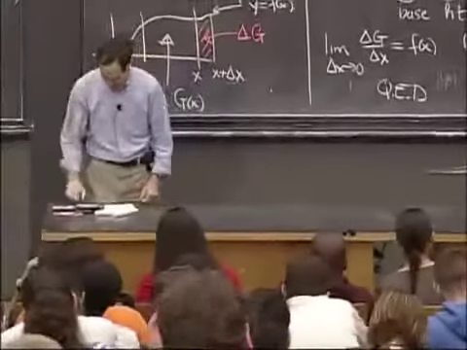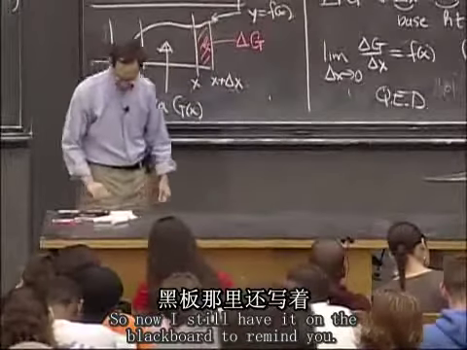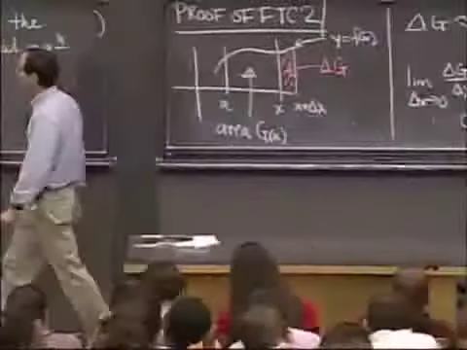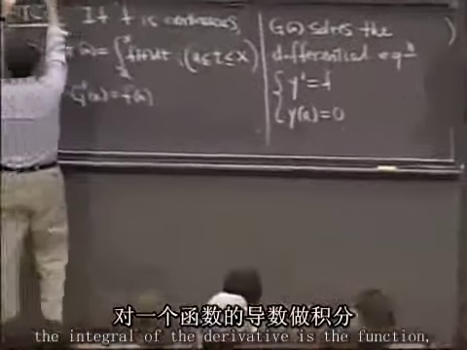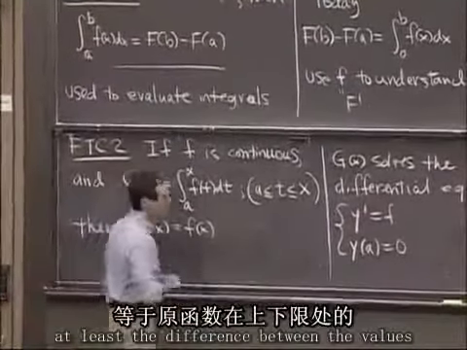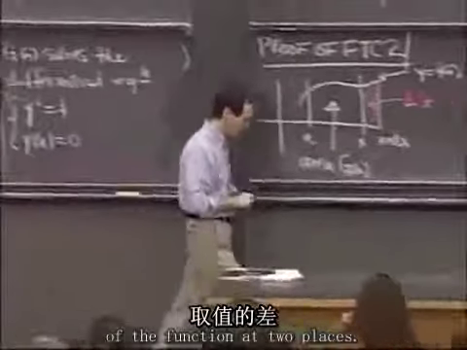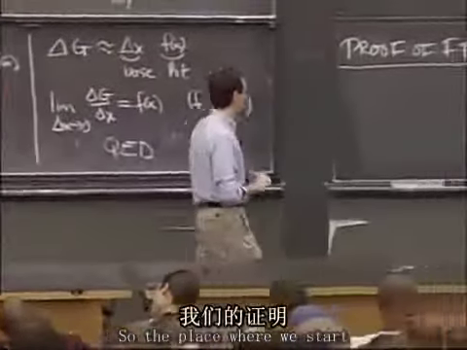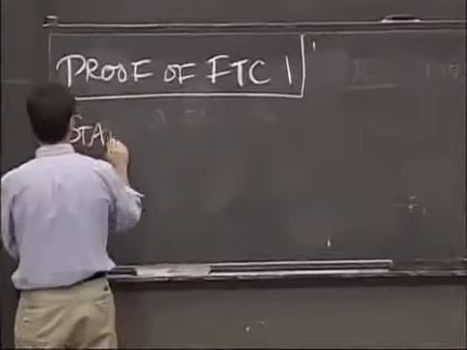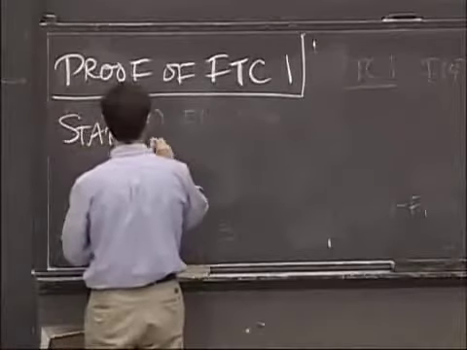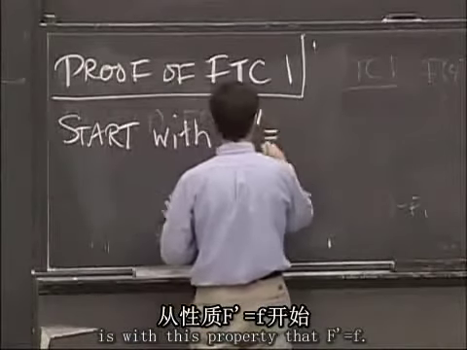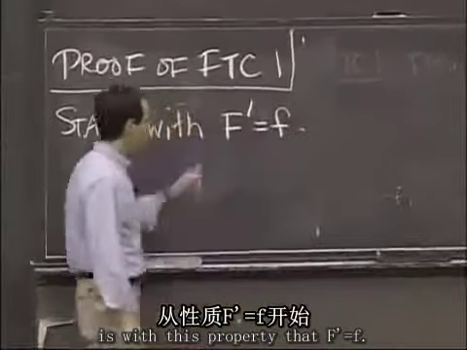All right. So now, I still have it on the blackboard to remind you. It says that the integral of the derivative is the function, at least the difference between the values of the function at 2 places. So the place where we start is that with this property that f prime is equal to little f.